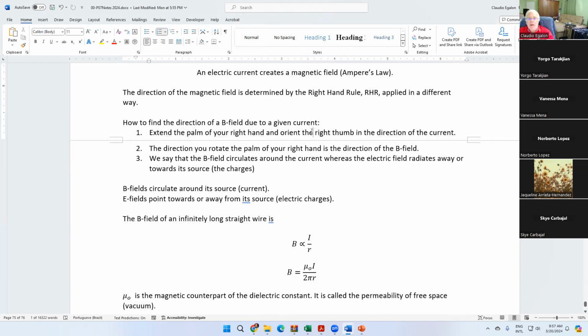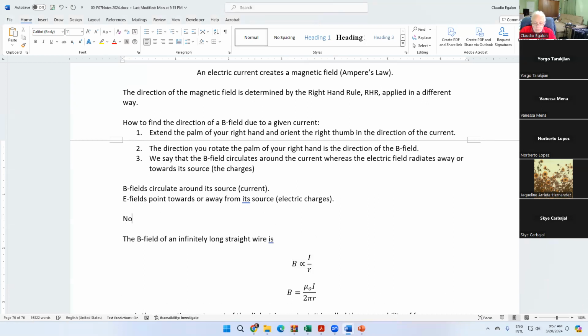Okay, extend the palm of your hand around it, right? And the B field of an infinitely long straight wire is inversely proportional to the distance, directly proportional to the current. Every magnetic field is going to be directly proportional to the current.